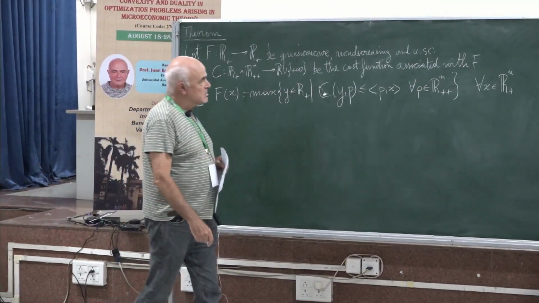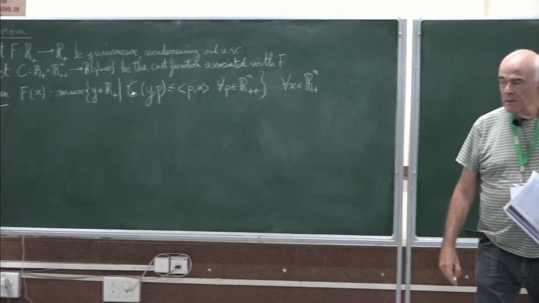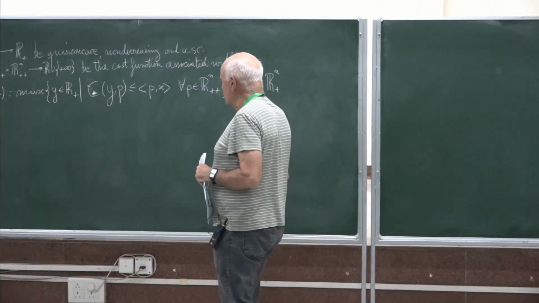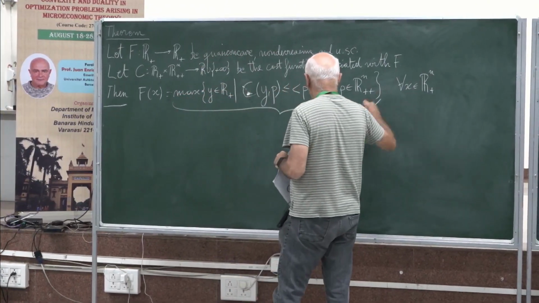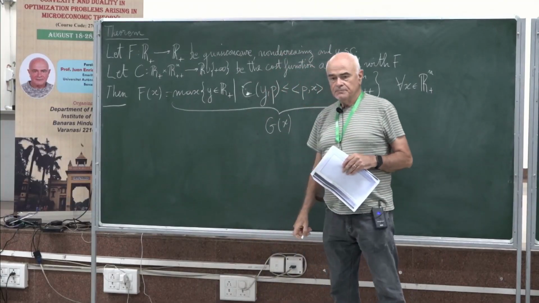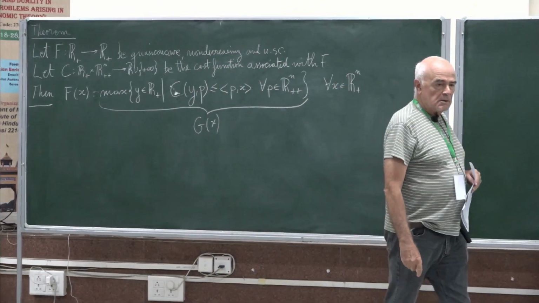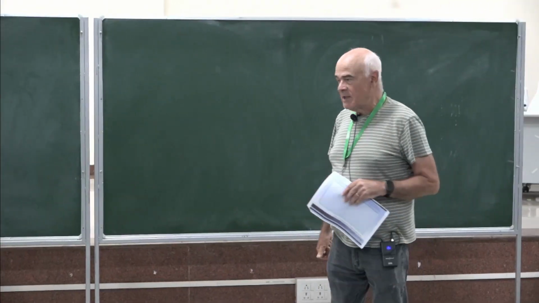Then the proof is not difficult. Let's give a name to the function defined on the right-hand side. Let's call it g. So we have to prove that f of x is equal to g of x for every x.